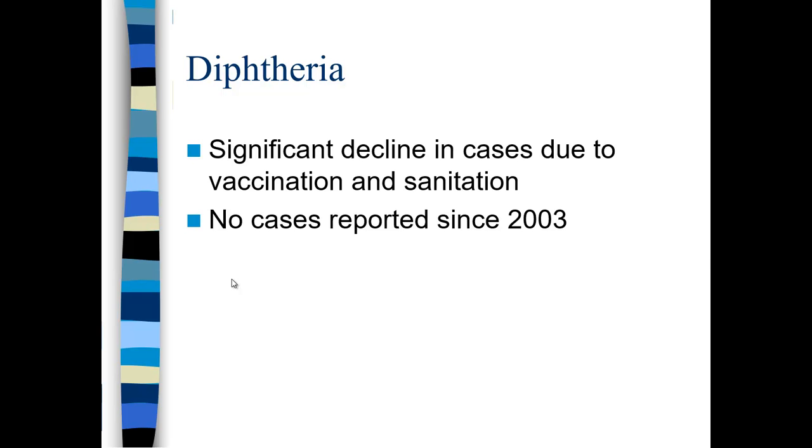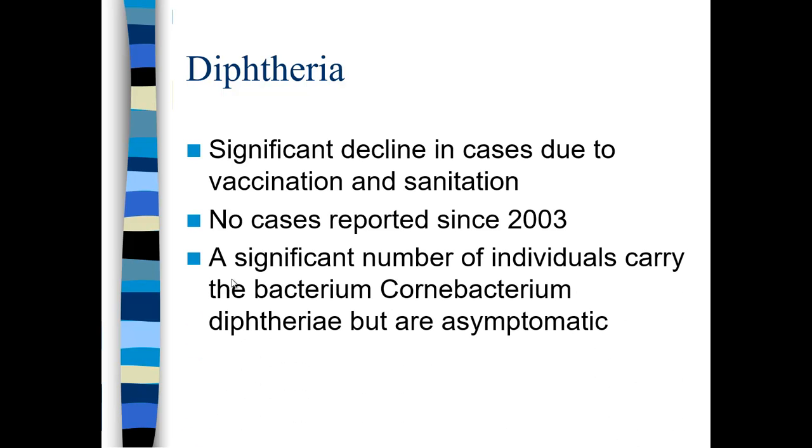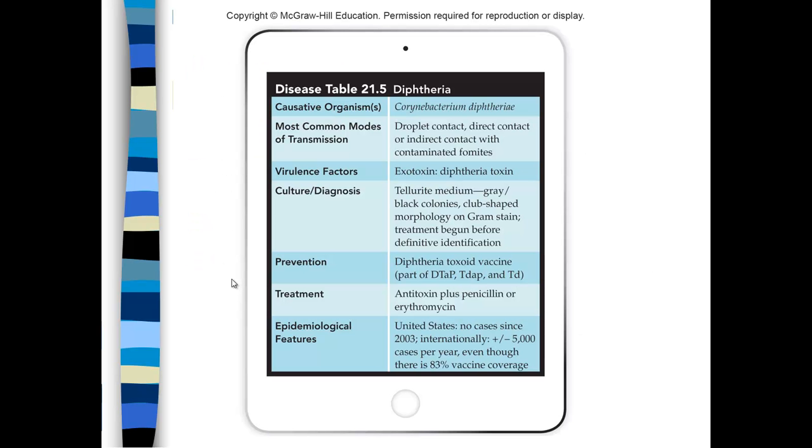No cases have really been reported in the United States since 2003. Although there are a significant number of carriers of Corynebacterium diphtheriae, they're asymptomatic, okay? This spreads through direct contact or fomites.